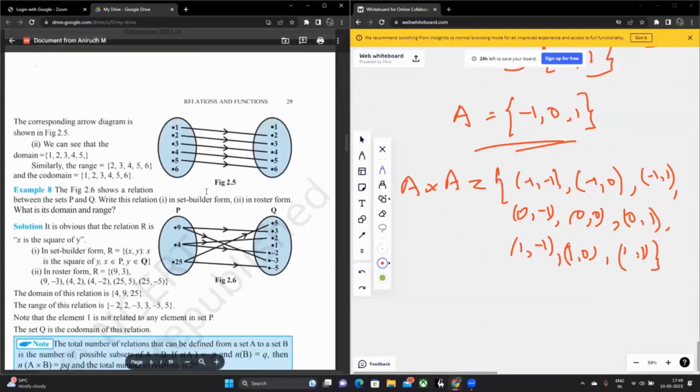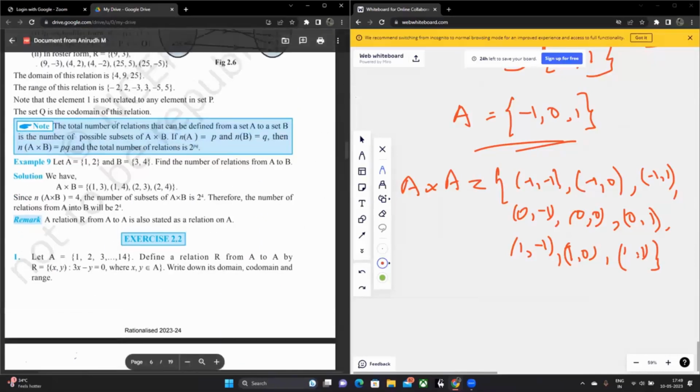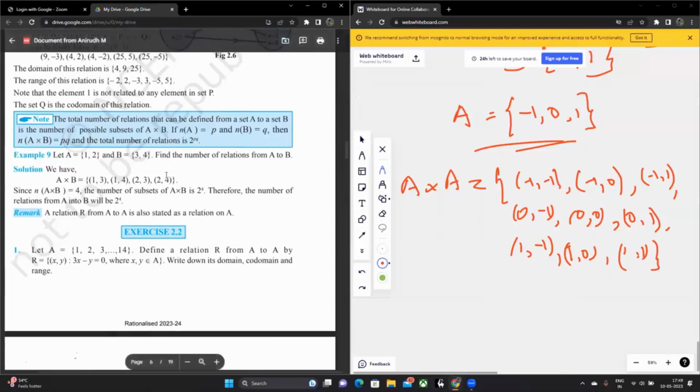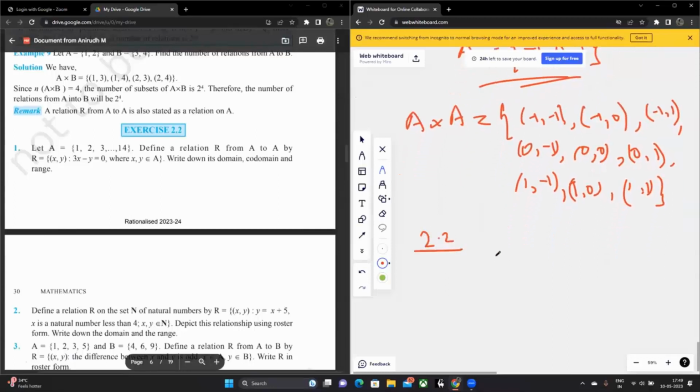This is an arrow diagram. And the total number of relations is 2 to the power PQ, if N of A is P and N of B is Q, because each relation is a subset of the Cartesian product, and there are 2 to the power PQ subsets of the Cartesian product itself. That's basically why the number of relations is 2 to the power PQ. And without further ado, let's go to exercise 2.2.